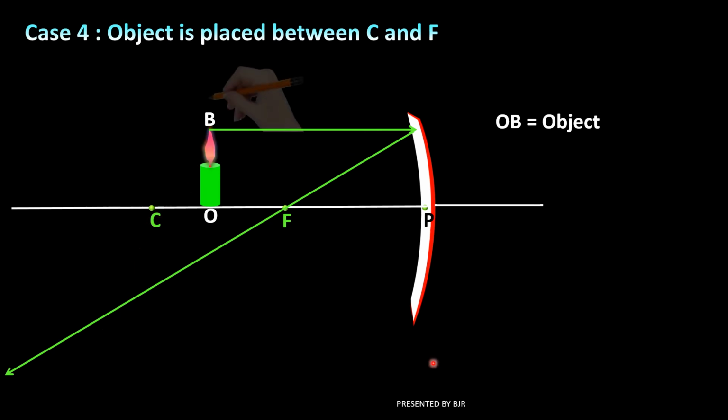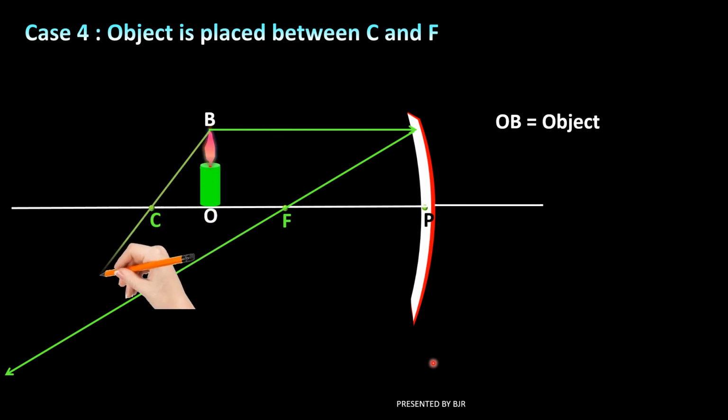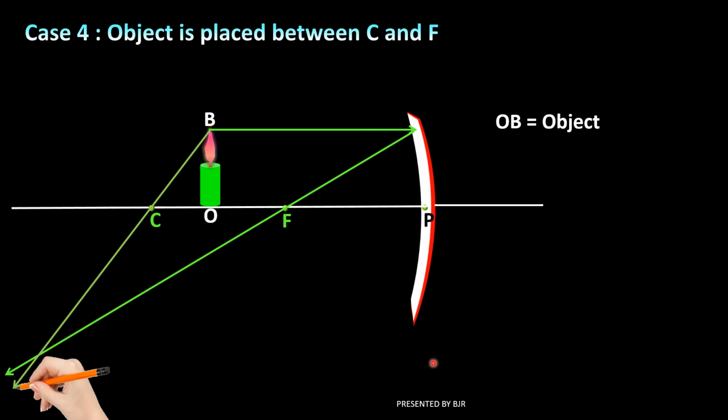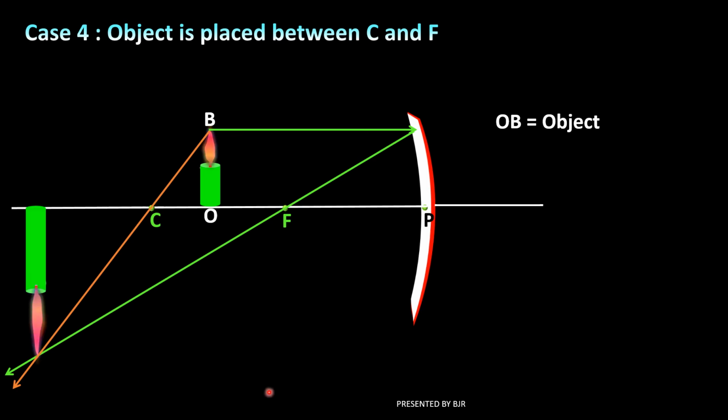Draw the second ray, ray 2, and this one is the second reflected ray. And these two reflected rays are crossing here, so a big image will be formed here.